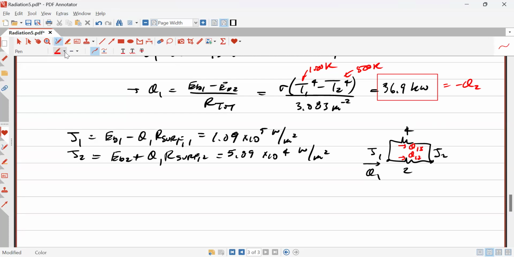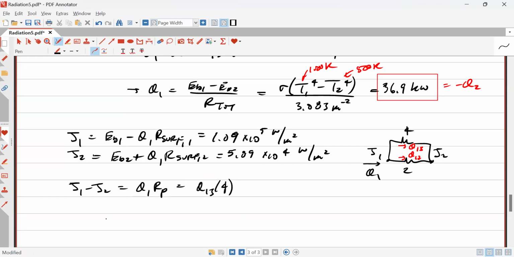So J1 minus J2, in other words the voltage drop across the whole thing, we can look at as the equivalent Q1 times R parallel. We can also look at it as Q1,3 times 4, or whatever that value is up top.